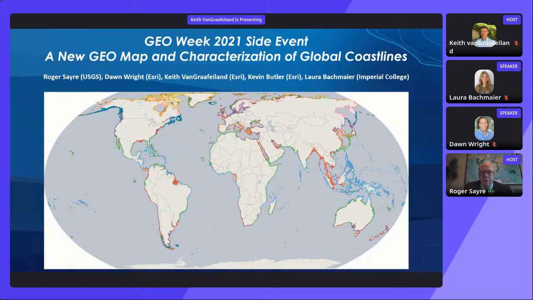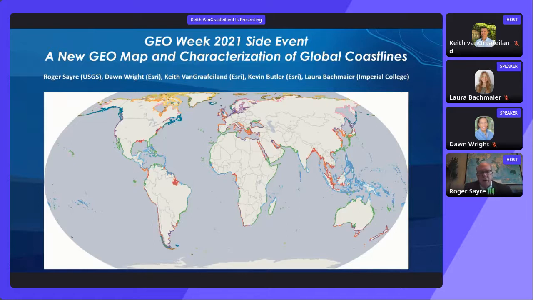Our session is an informational opportunity to share with you all a new resource that we produced from a recent high-resolution global segmentation analysis. We have produced what we call coastal segment units, or CSUs, and also ecological coastal units, which we call ECUs.